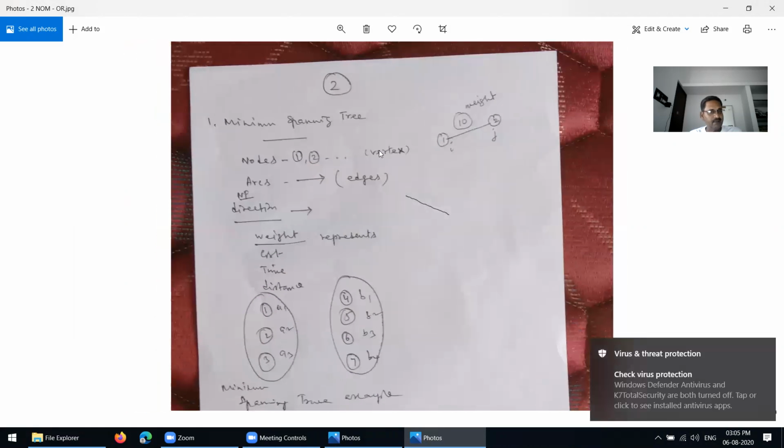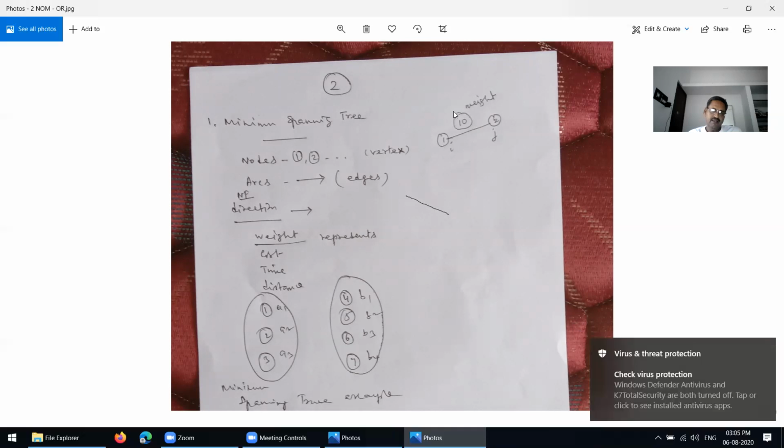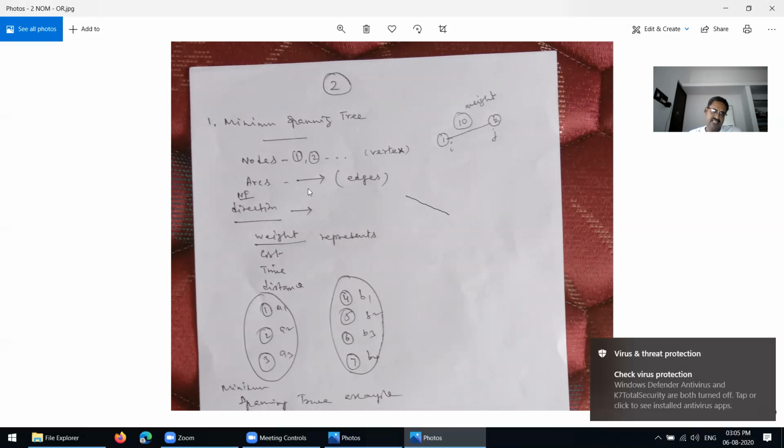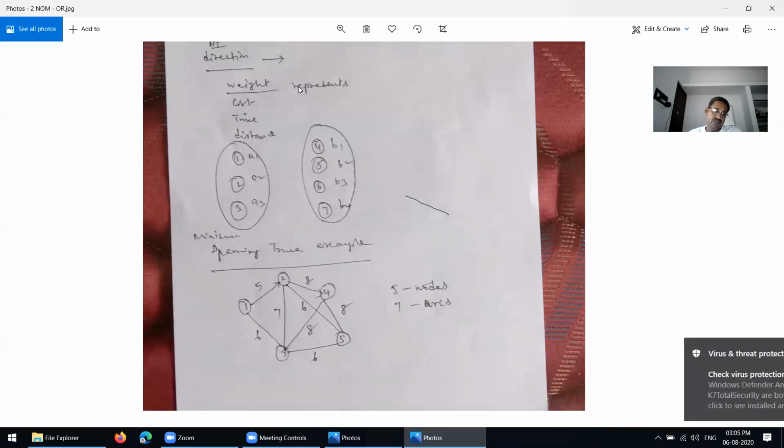Nodes are sometimes denoted as vertices, and arcs are sometimes denoted as edges. See here, the weight is nothing but the quantity between I and J.